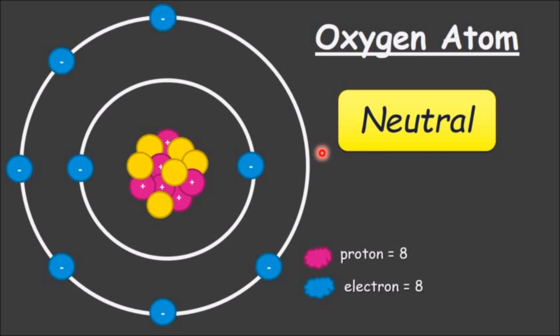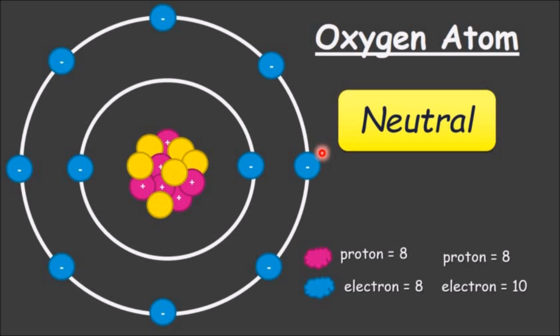Now we have 2 things that we could do here. We could either remove all 6 electrons in the outermost shell, or we could simply add 2 electrons to make it 8. Now the most viable thing that we could do is to add the missing 2 electrons.